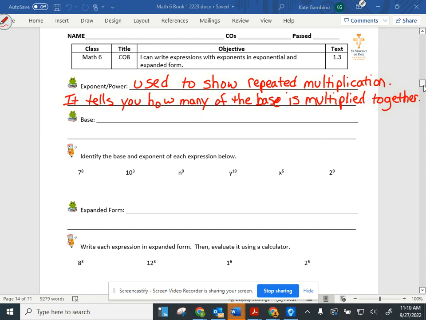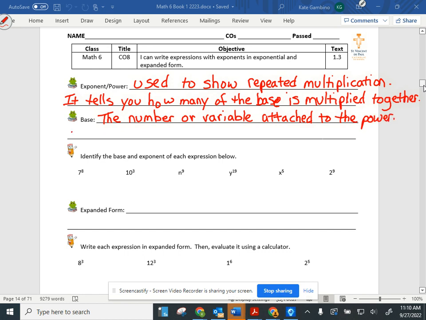Our base is the number or variable. So it could be a letter, a number or variable attached to the power.